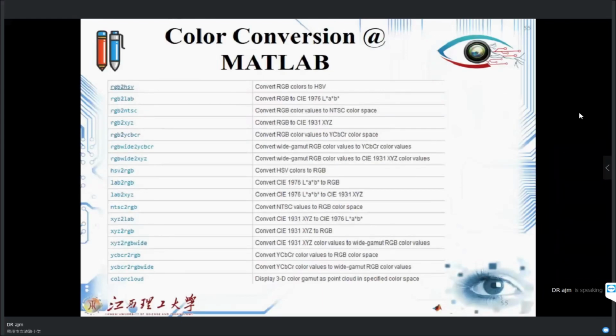All the famous models' conversion formulas are here in tables, which I took from the MATLAB help. You can easily take them, as they are available there.